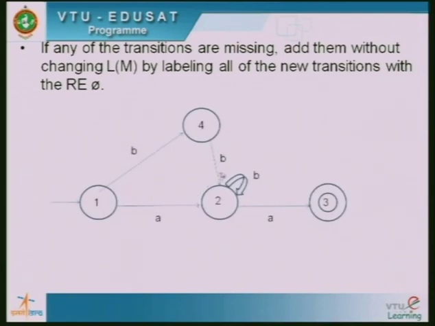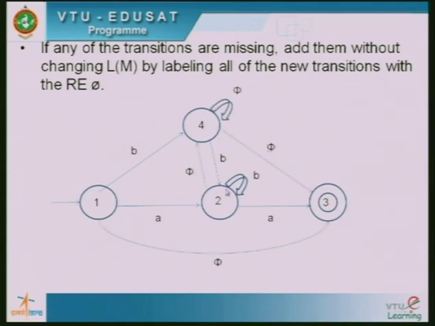Here there is no self loop, and the 4 to 3 transition is missing, and you have the transition from 4 to 2, but 2 to 4 is missing. So, what the author says is that accordingly, you can add the transitions labeled phi like this.